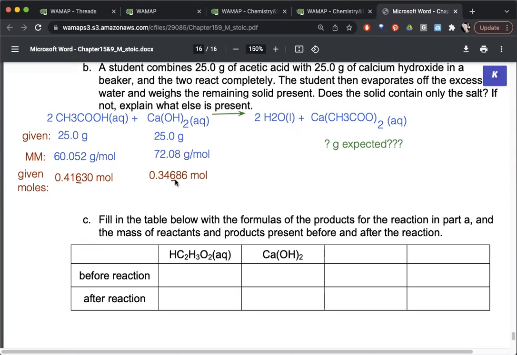Okay, so that's what's given, and then we're going to figure out from here, oh, let me get another color. How many moles could we get from that one, or how many moles could we get from that one?